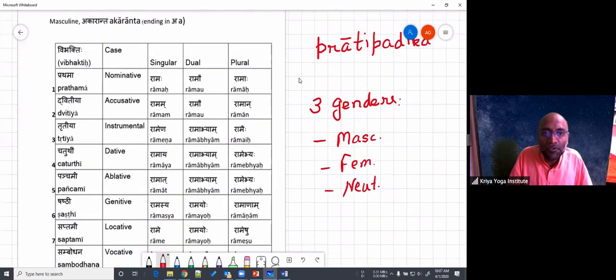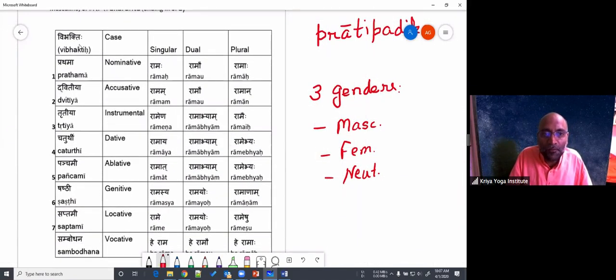Then this table which you see has the cases and the persons. So in Sanskrit there are 3 genders and 3 persons: singular, dual, and plural. And there are 7 cases.